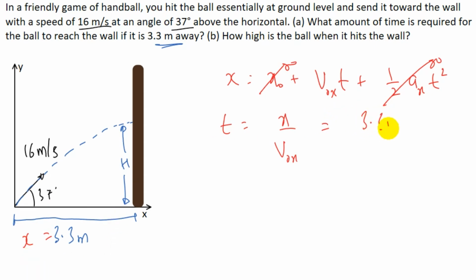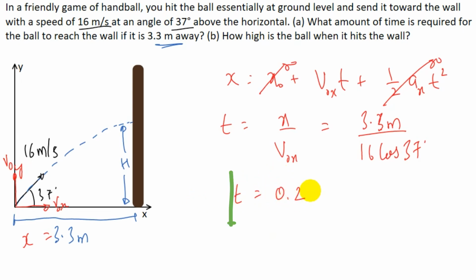So 3.3 meter divided by v naught x, which is 16 cosine theta, theta is 37 degrees. This would be vx, and this would be v naught x, because this is the initial speed in the horizontal direction, and this is v naught y. We can easily solve it for t, and the value of t from here comes out to be 0.26 seconds.